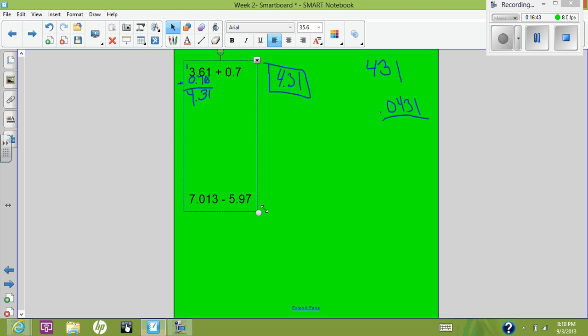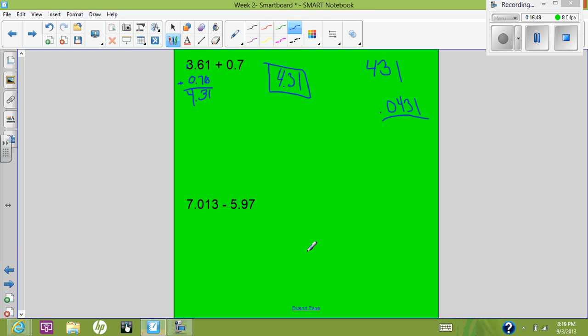Next, let's take this second problem. I'm going to make it a little bigger. This is a subtraction problem. We're going to start out the same way. We're going to take this 5.97, line it up with that decimal, and slide it underneath. So my decimal point is going to go right there. My 5 goes under the 7.